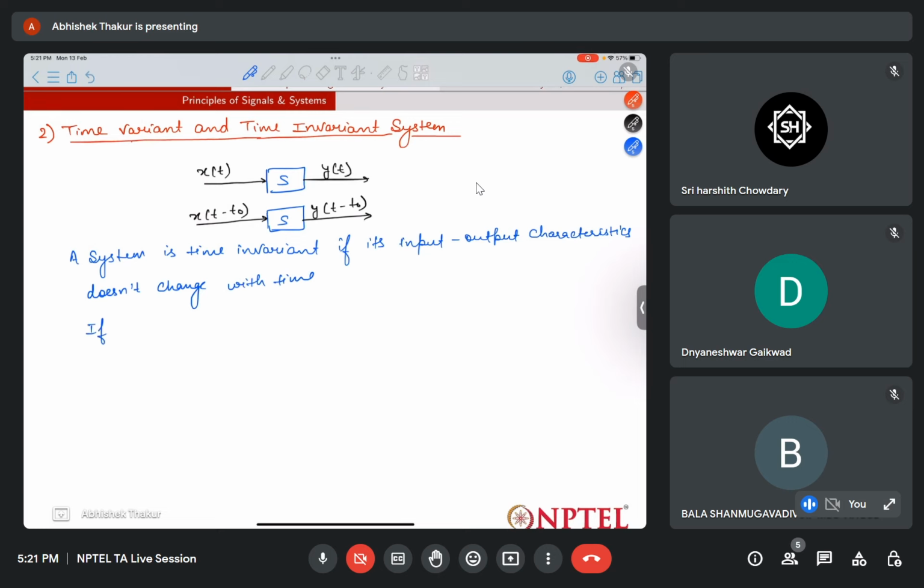Meaning, if a delayed input x(t minus t naught) produces a delayed output y(t minus t naught), then the system is said to be time invariant.